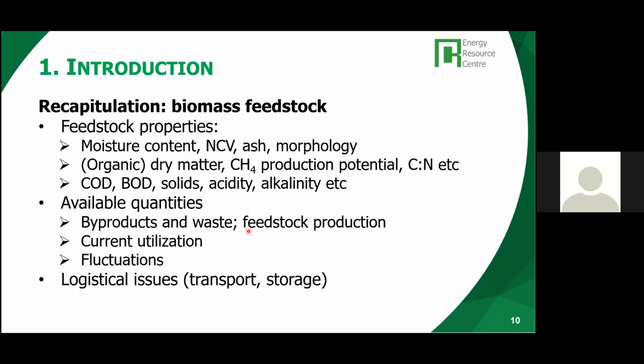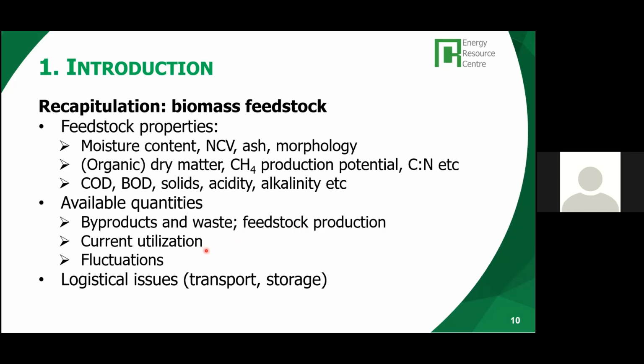It's also possible to produce your feedstocks for energy production, like energy plantations, like wood or fast-growing wood types for combustion, but also energy maize or other types of energy crops that can be used for biogas production.